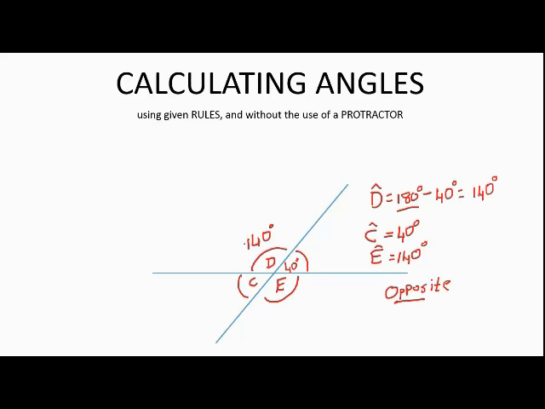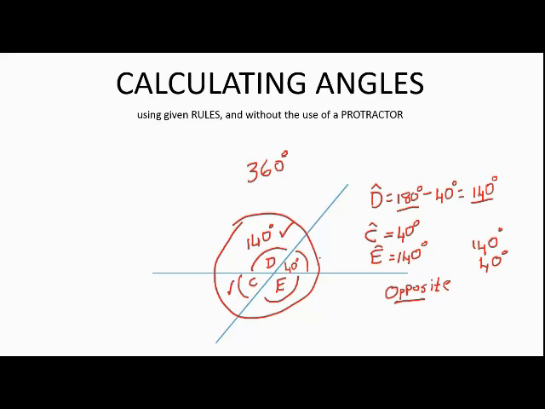Now, we all know that all the way around here would equal 360 degrees. So to check, we can add up 140 degrees for angle D. Angle C is 40 degrees.